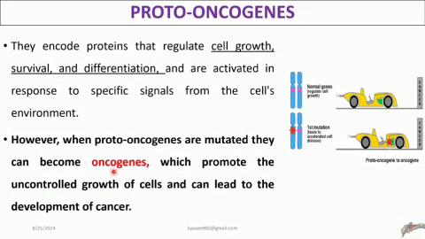For example, the gas pedal of the car, which we imagine to be like the proto-oncogenes: once you step on it, the car will move. If there is any trouble with the gas pedal, things can go wrong in the car. Same thing here. Proto-oncogenes can easily become mutated to become oncogenes, and these oncogenes promote uncontrolled cell division, which can easily lead to cancers.